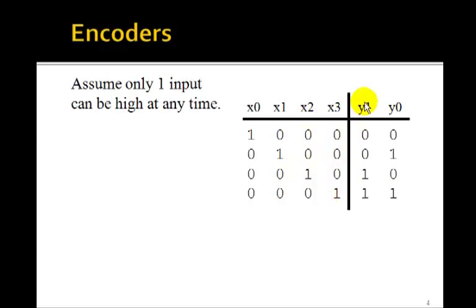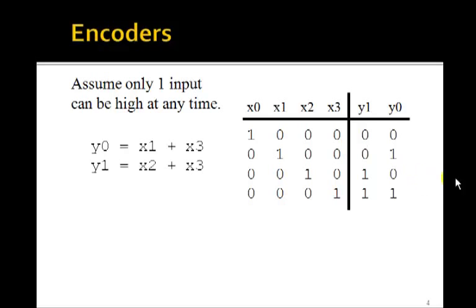In this case, the logic equations for y1 and y0 simplify because we don't need the entire minterm. For example, y0 is 1 only if either x1 is 1 or if x3 is 1. So we can just say y0 is x1 or x3.